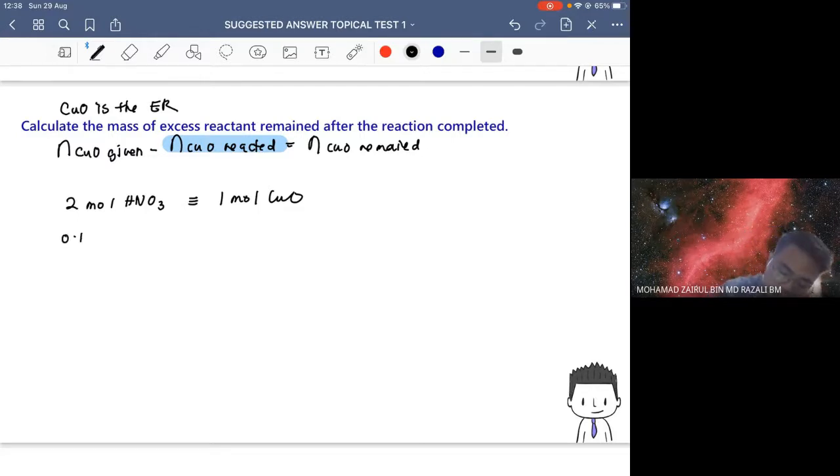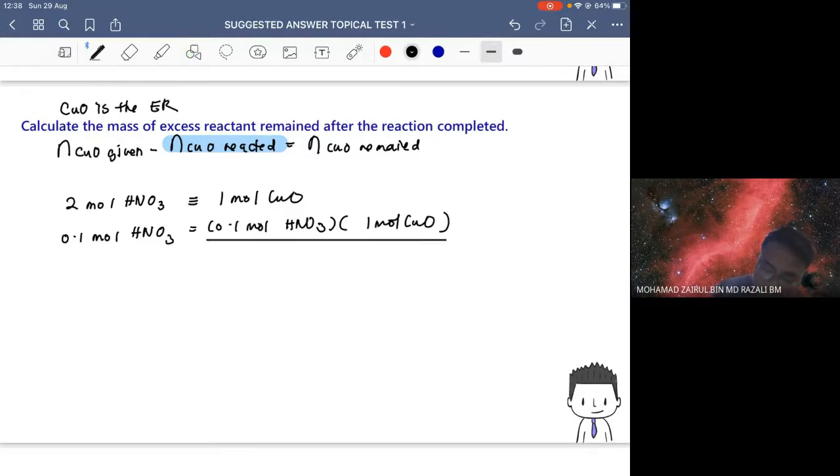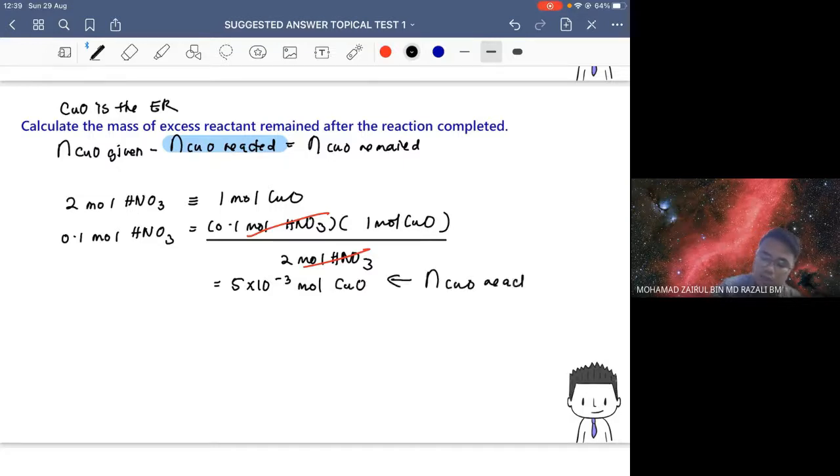So, 0.1 mole HNO3 multiplied by 1 mole CuO divided by 2 mole HNO3. So, kita boleh cancel out mole HNO3. So, awak akan dapat mole CuO reacted. Okay, ini mole CuO reacted.